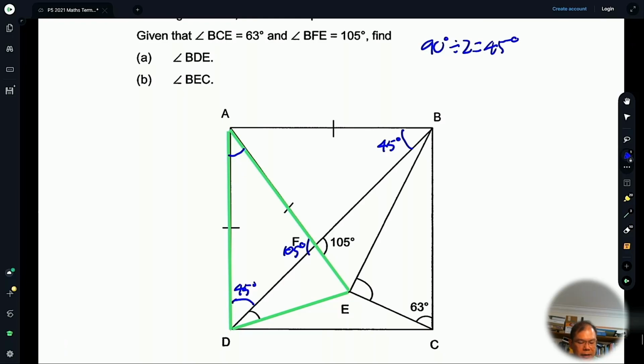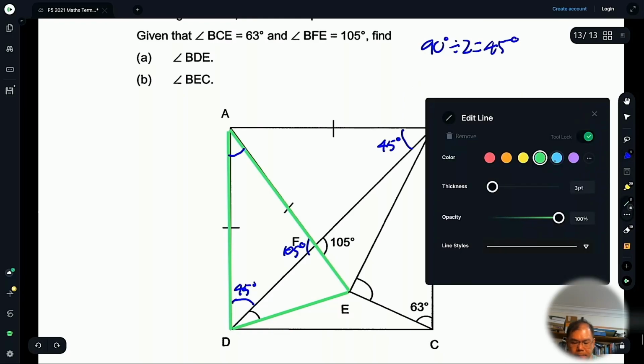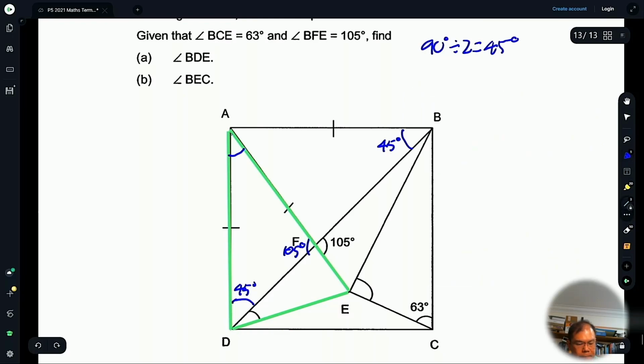Now this angle here is inside another triangle, AFD, right? So angles of a triangle add up to 180 degrees.